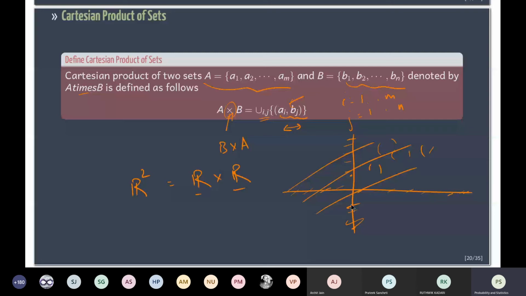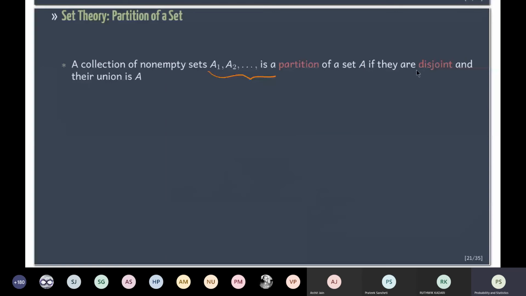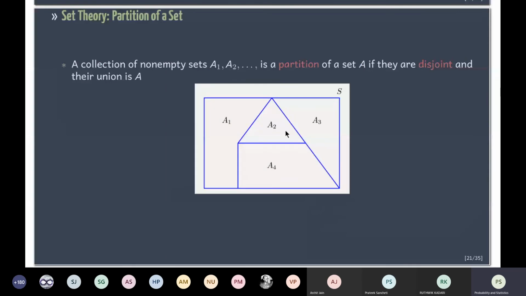Then there is something called a partition of a set. A collection of non-empty sets A1 to An is a partition of a set A if they are disjoint and their union is A. So this is one possible partition of the set S. Here S is the union of A1, A2, A3, A4.